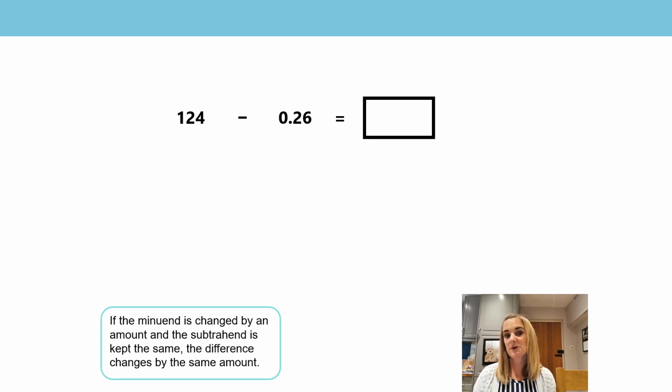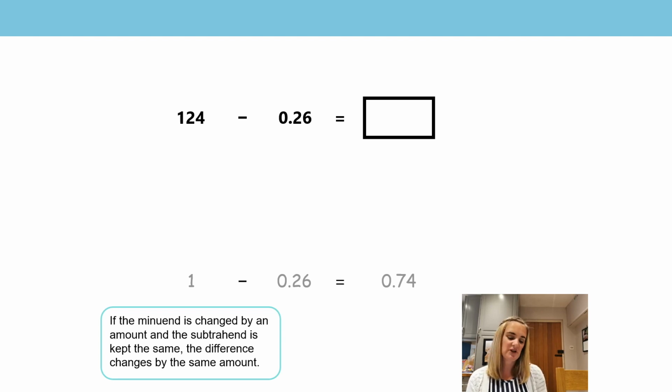So instead, we've got that equals sign on here, which we didn't have on the last slide. And we've got that related fact that we've already talked about. We know that 1 subtract 0.26 is 0.74. So let's think about our generalised statement. If the minuend is changed by an amount and the subtrahend is kept the same, can you see it is? The 0.26 is there in both calculations.